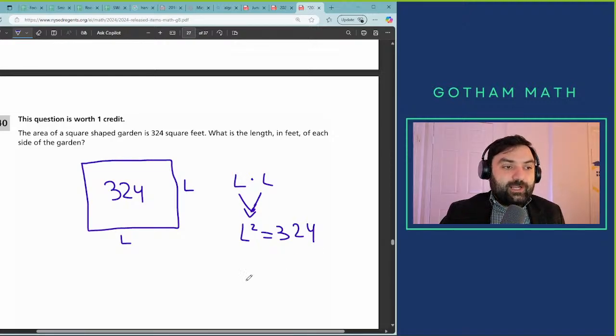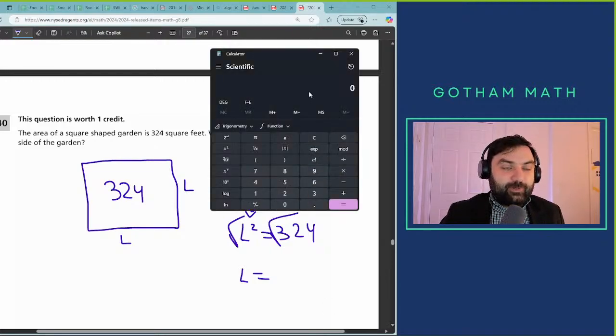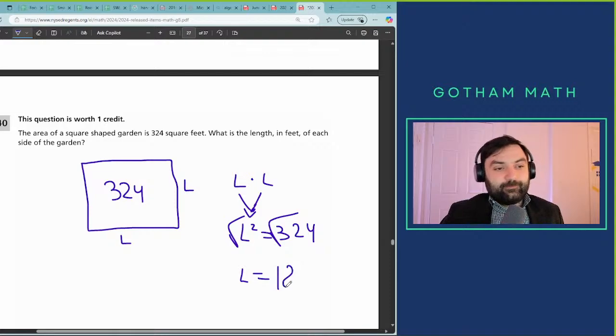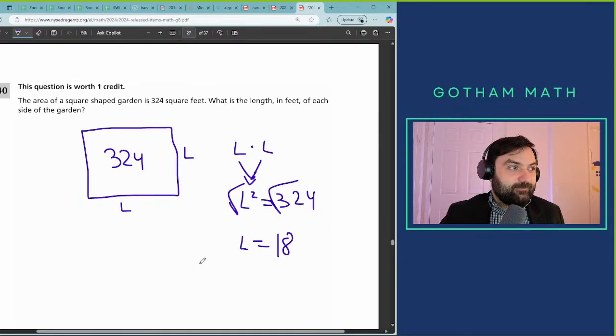So in order to find what the length would be, we're going to use the square root button on a calculator and right away get the correct answer. So 324 and the square root button right here. Boom, 18. That's the answer. Literally a 10-second question. Maybe 15 if you're slow. But yeah, nothing more.